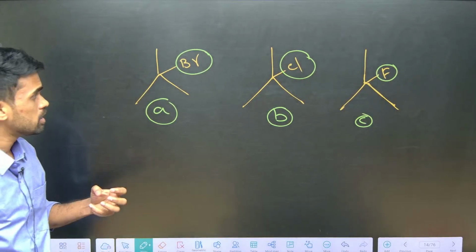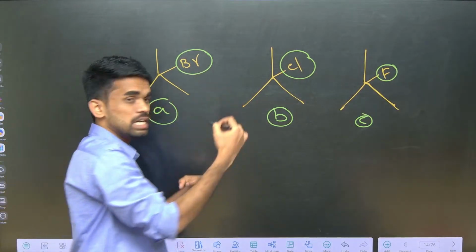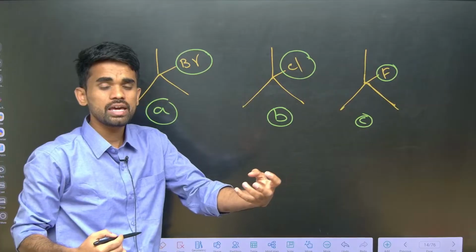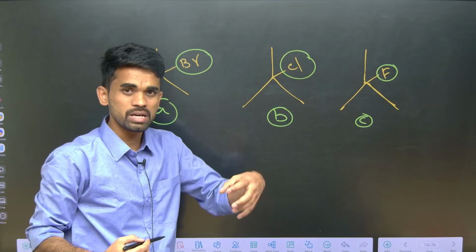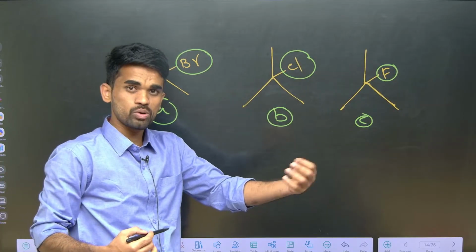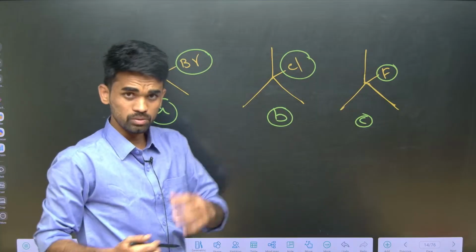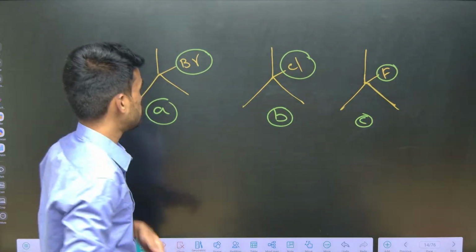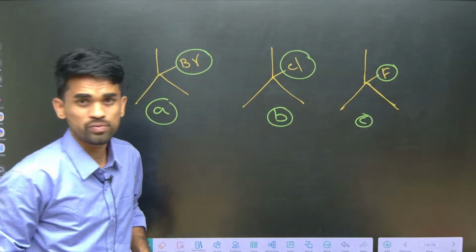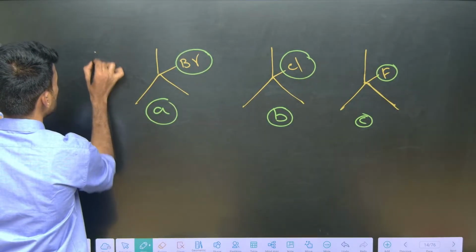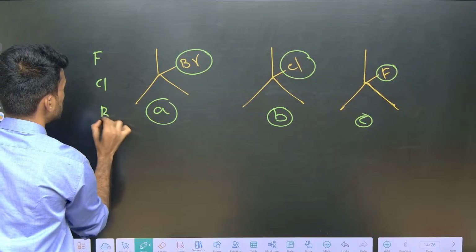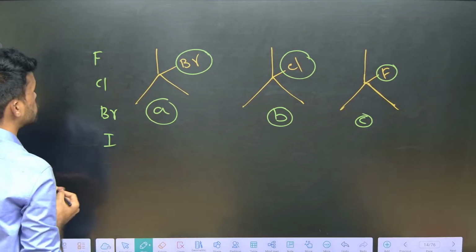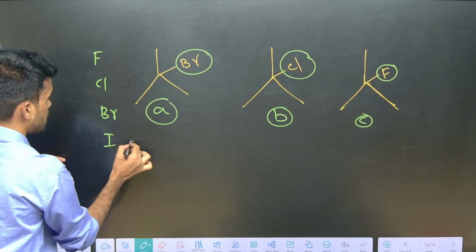The halide ion which leaves easily can react faster, because that forms the carbocation readily and the reaction proceeds further. So which halide ion will come out first? Always remember fluorine, chlorine, bromine, iodine. What happens to the size down the group? Size increases, iodide ion is bigger.